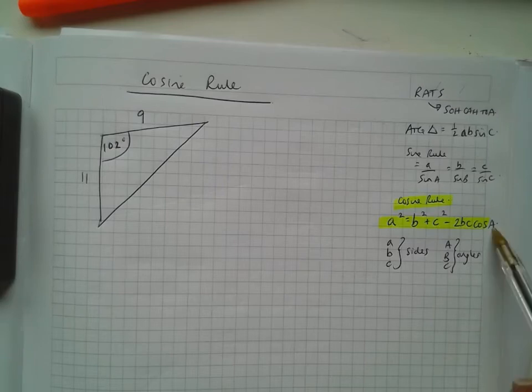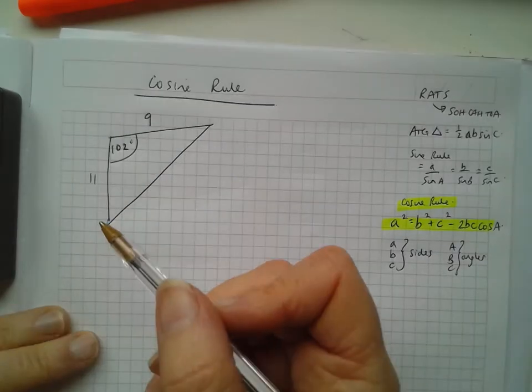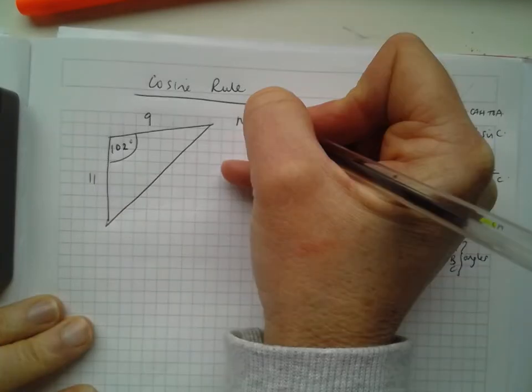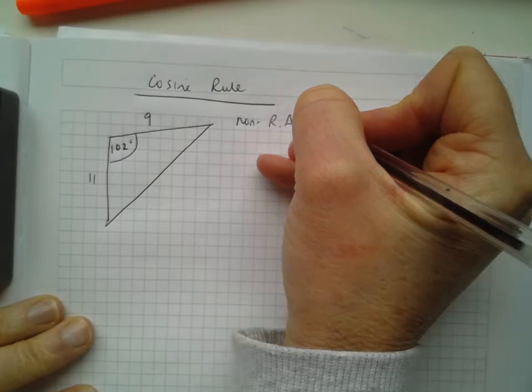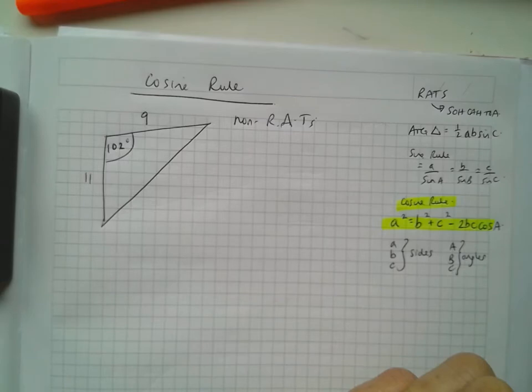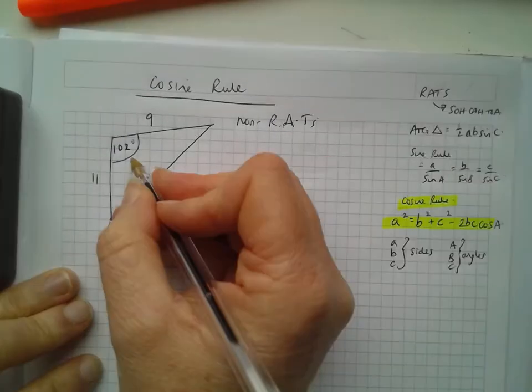Remember, with SOHCAHTOA and right angle triangles, we have hypotenuse, adjacent, and opposite. But this is for use with non-right angle triangles, so we have to label it as a non-right angle triangle. The angle that we're given, we'll call that A, and the side opposite it is side a.